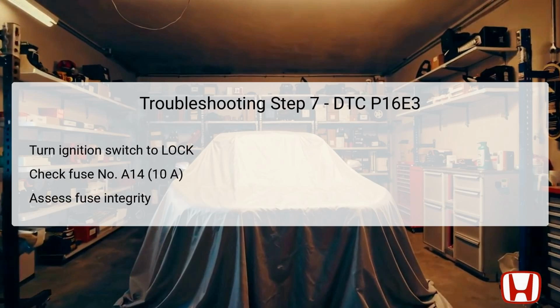In the 7th troubleshooting step, ensure the ignition switch is turned to lock for safety reasons. Next, check fuse number A14, which is a 10-amp fuse located in the under-hood fuse and relay box, to ensure it is functioning properly. This fuse controls crucial components connected to the battery and is essential for proper functionality of the system.